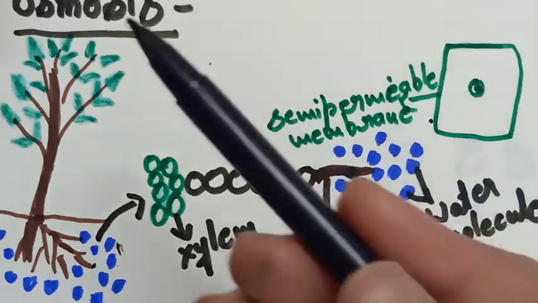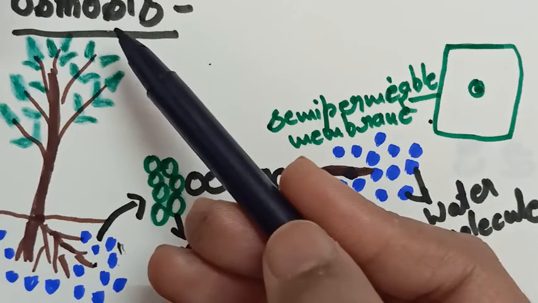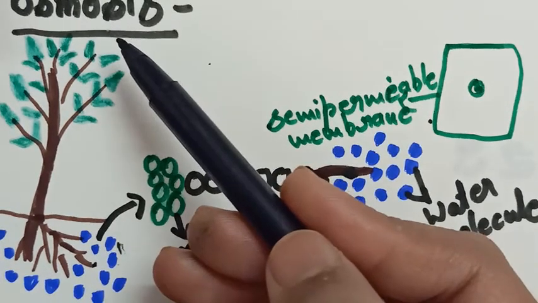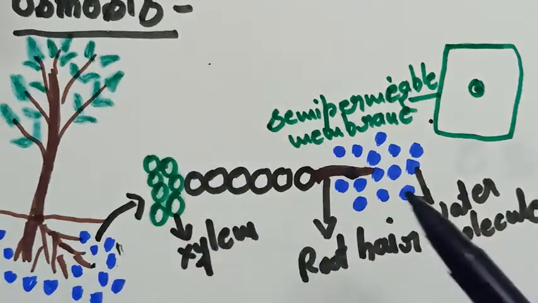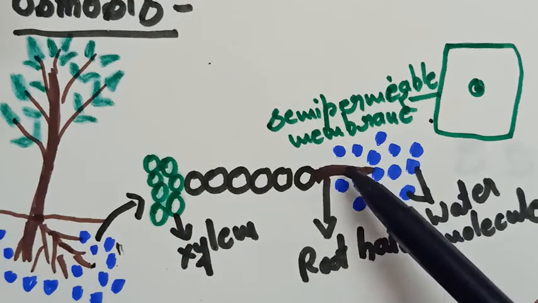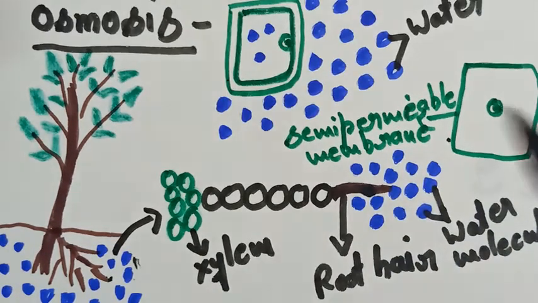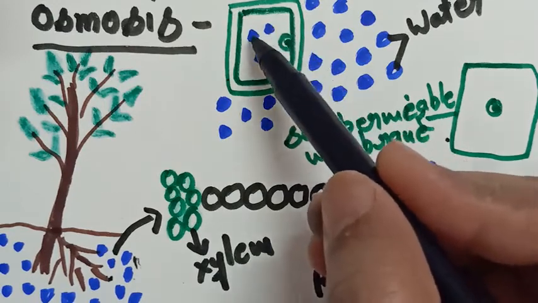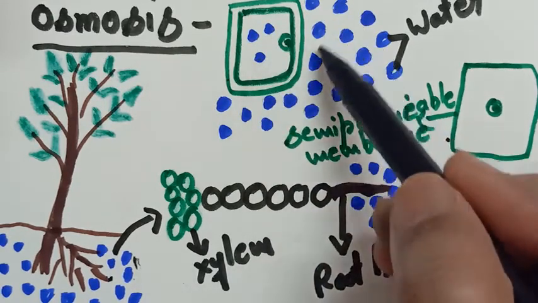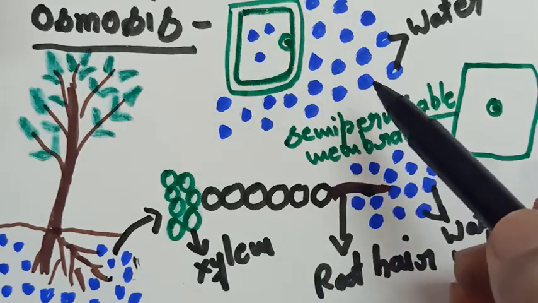So simply the definition of osmosis will become: it is the movement of water from its higher concentration towards its lower concentration through a semi-permeable membrane. For example, in the root hair cells there is a small amount of water, whereas in the surrounding soil there is a larger amount of water.